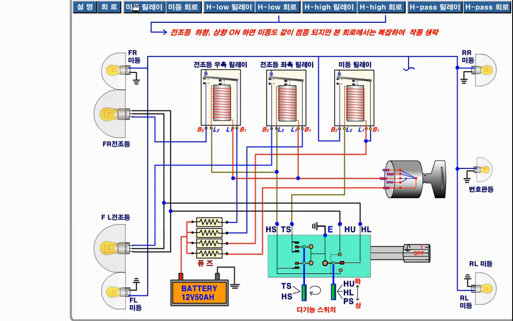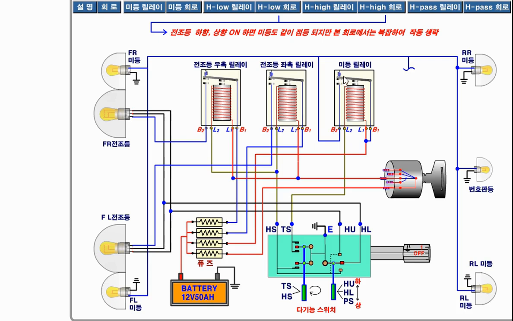So for the tail light, this one is tail light relay. A current flows from this battery towards this fuse, and then flows towards this relay, and then grounded over this E. So when this electromagnet gets energized, then there will be the connection at this point.